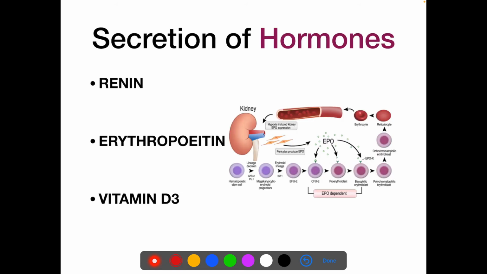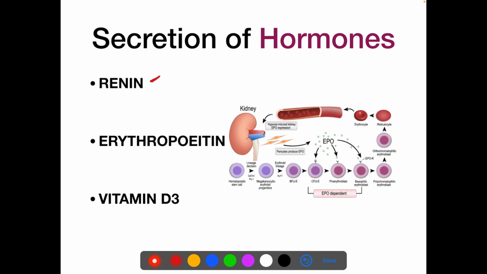Then the next function is secretion of hormones. The kidneys are important for secretion of various hormones also. One is renin. Renin is secreted in the juxtaglomerular apparatus and it is important for maintaining the blood pressure as well as the balance of sodium and potassium.